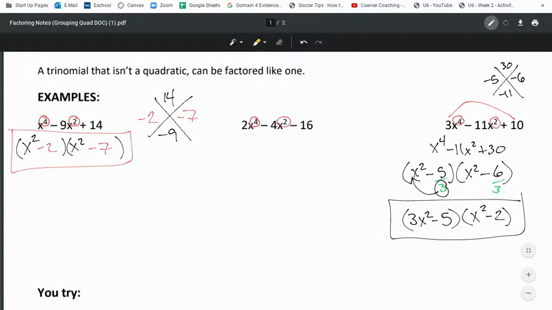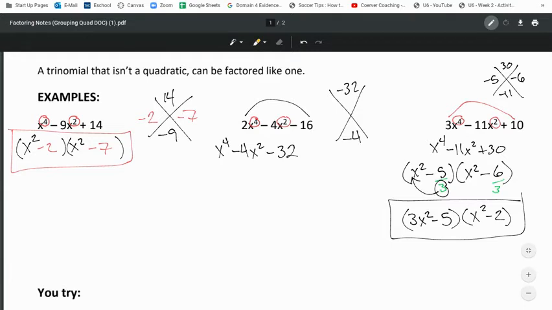And then I'm going to use slide and divide for this middle part. So we have x to the 4th minus 4x squared, and then 2 times negative 16 is negative 32. So now I'm looking for numbers that multiply to give me negative 32, that sum to give me negative 4.